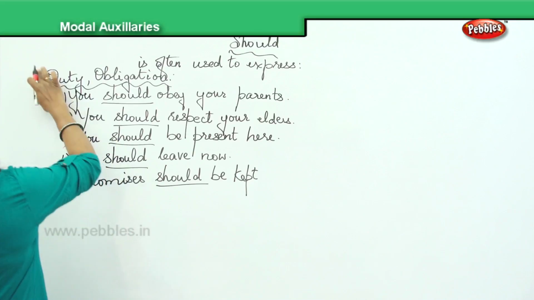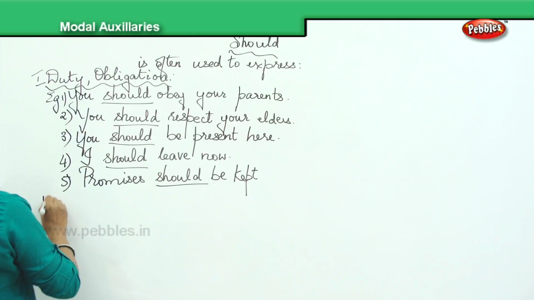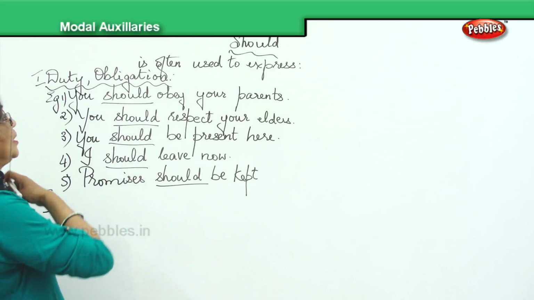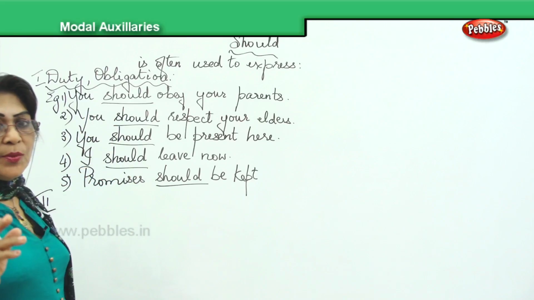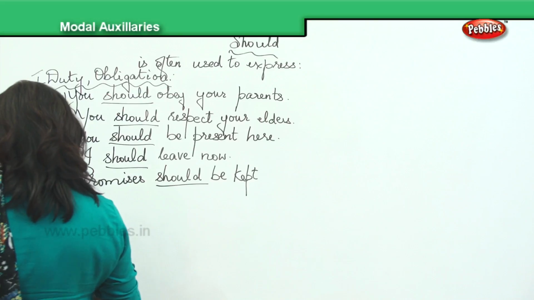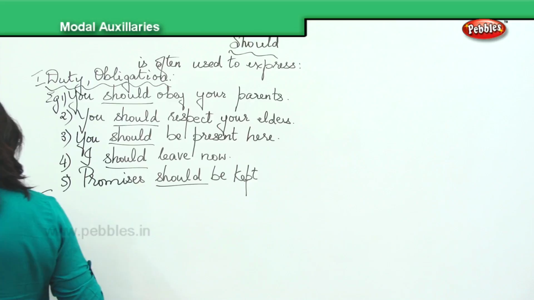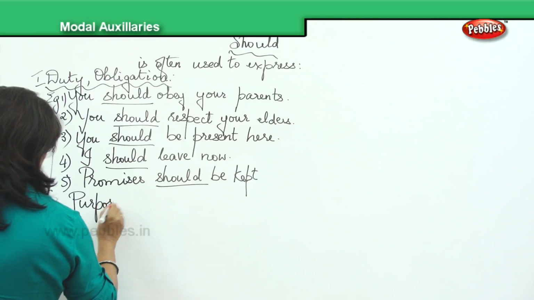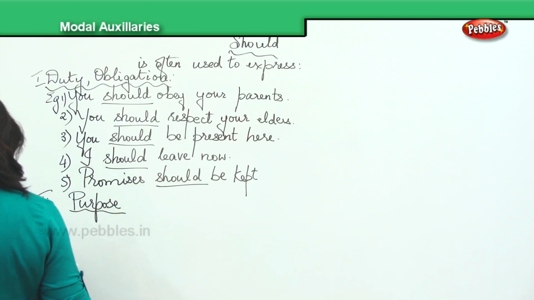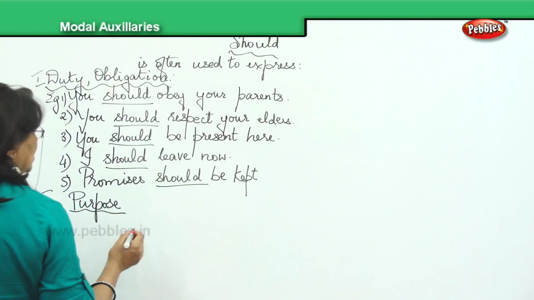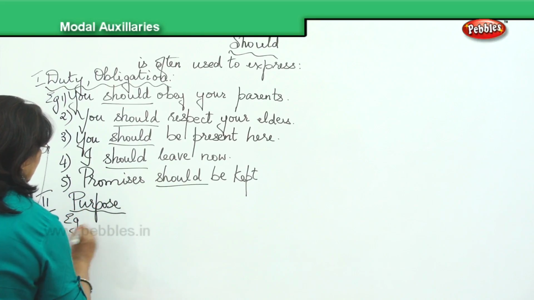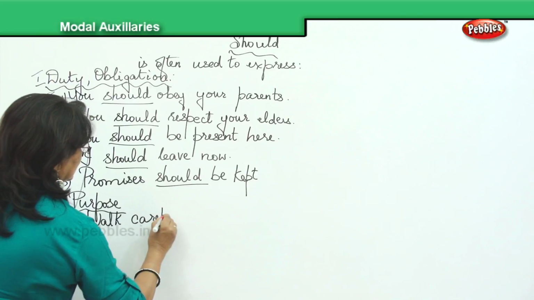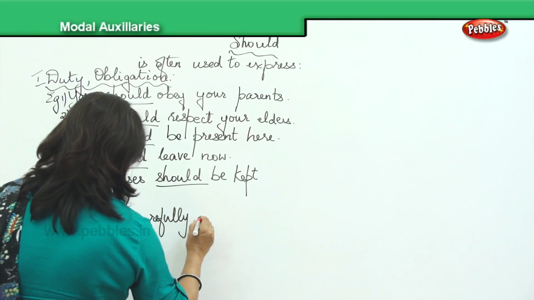We will see the second. I will give you a Roman number. Second Roman number. First, so what is the first Roman number? Duty and obligation, and we are going to see the next one, which is purpose. Example, walk carefully lest you fall.